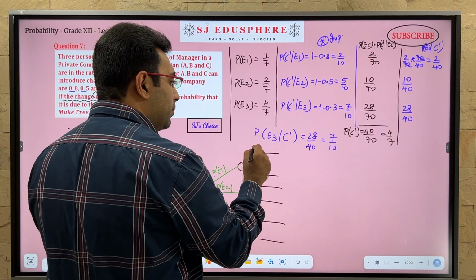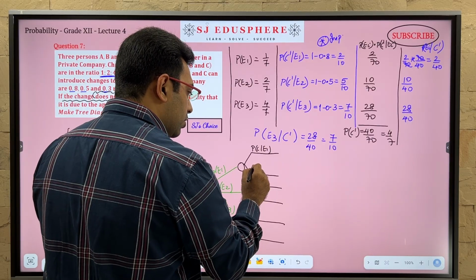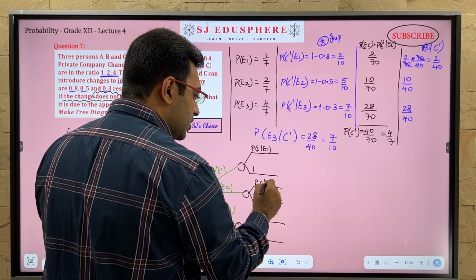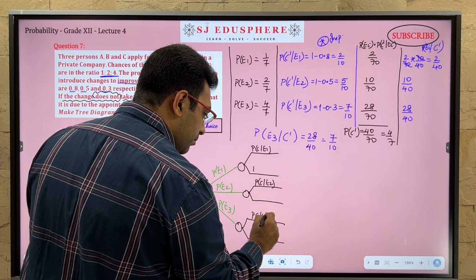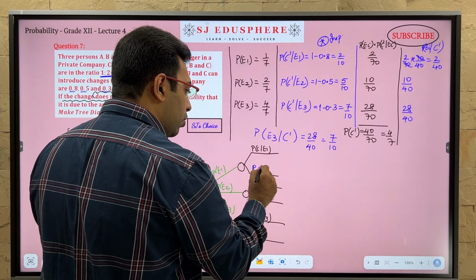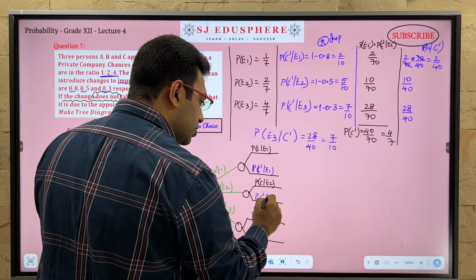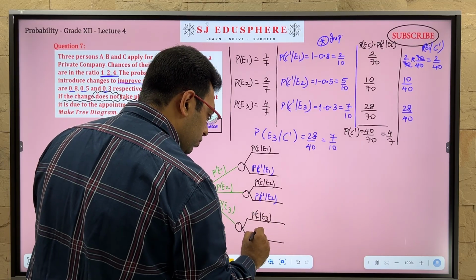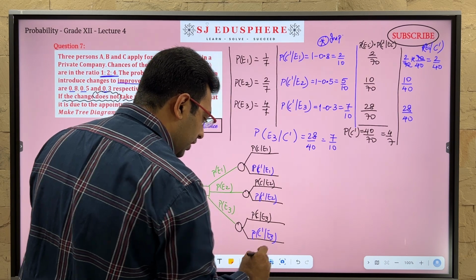So probability change because of E1, change because of E2, change because of E3. I am saying no change because of E1, no change because of E2 and no change because of E3.